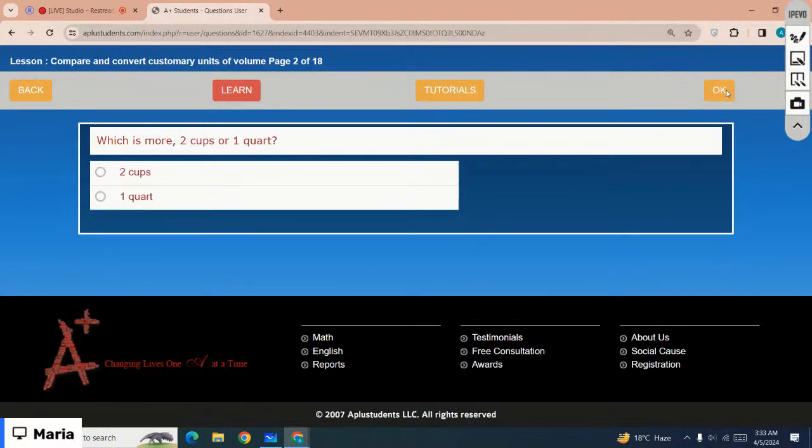Which is more, 2 cups or 1 quart? 1 quart equals 4 cups, right? So 1 quart is more because 1 quart equals 4 cups.